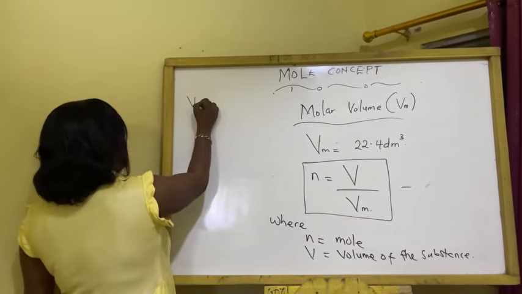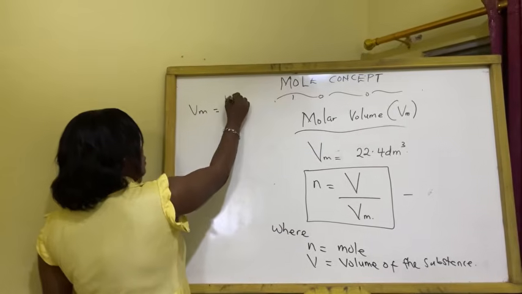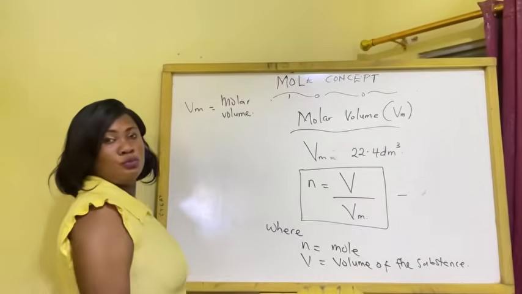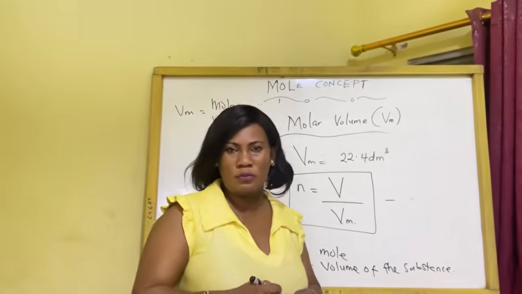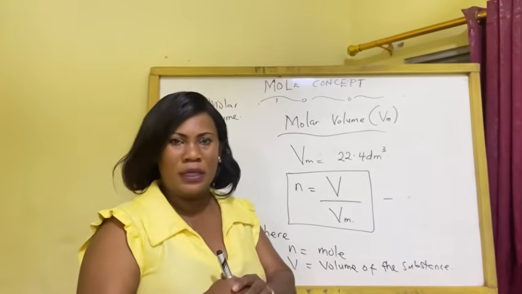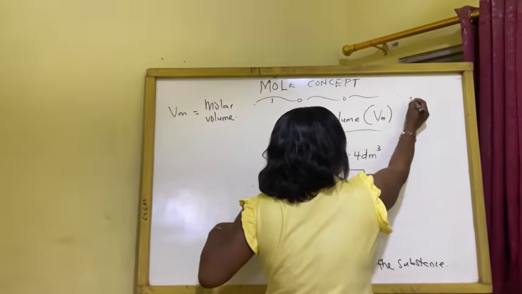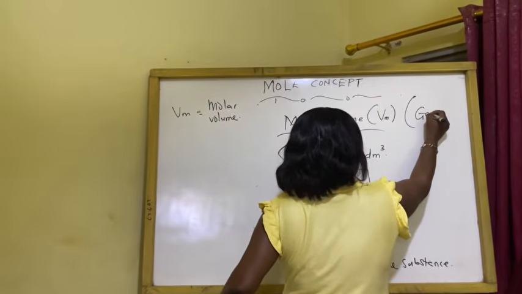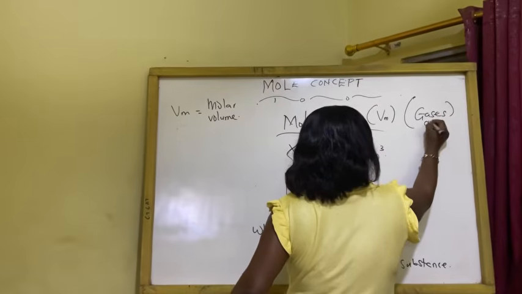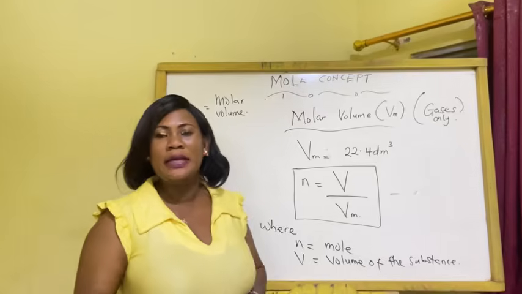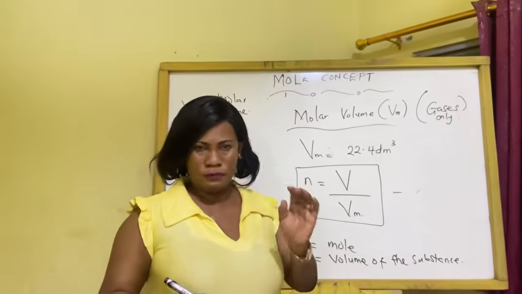Then Vm is the molar volume, which has been found out to be 22.4 dm³, as said earlier on. And as I said, this applies to only gases. Gases only. That is when we apply the molar volume.